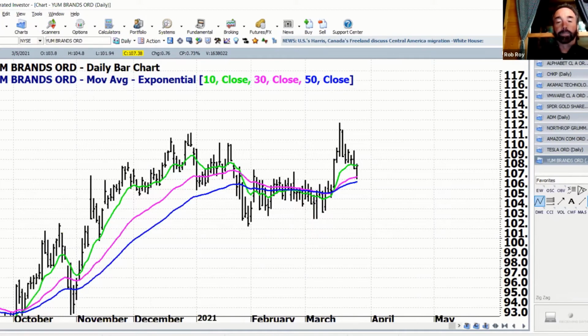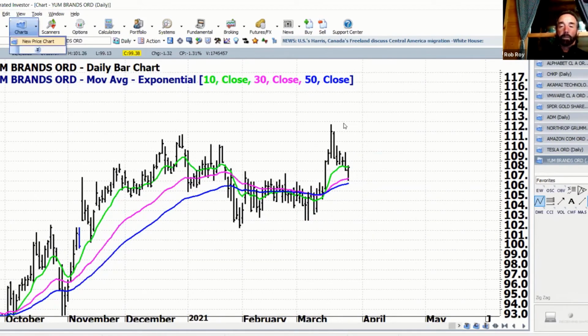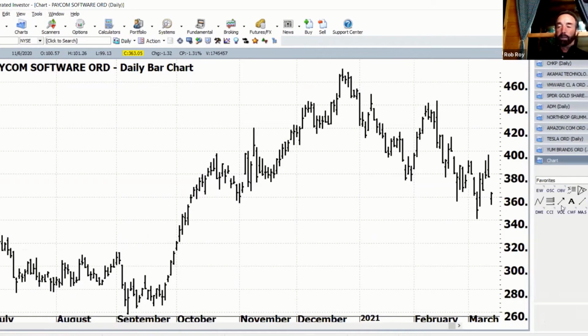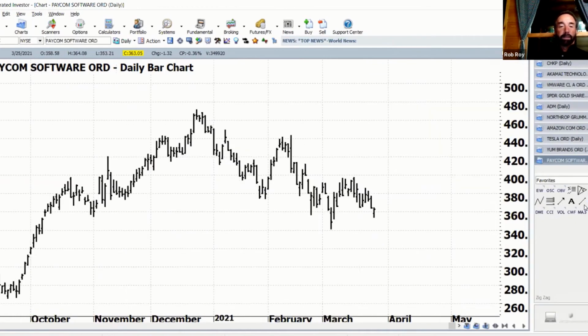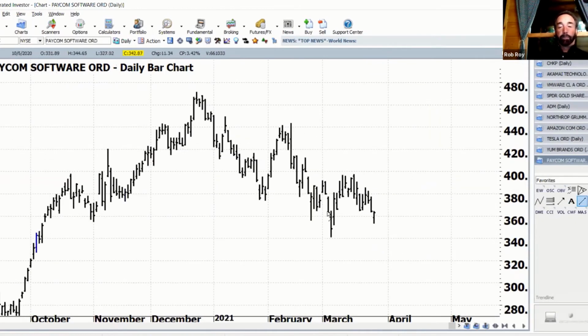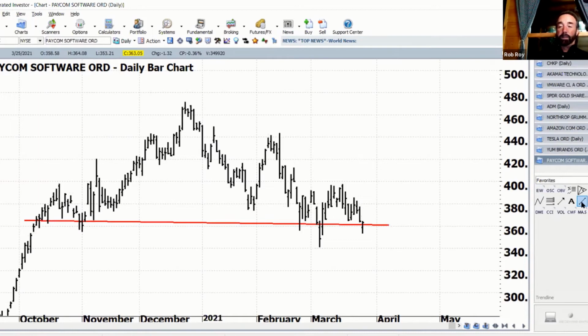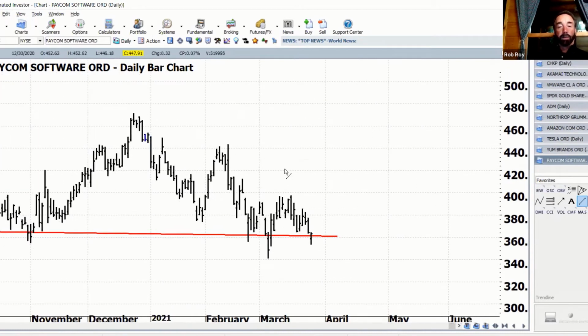Paycom, it trades like a tech stock, but it's really not. It's, you know, business related. And so here is the major support that it needs to hold. And you can probably see from here this massive descending triangle that is formed.